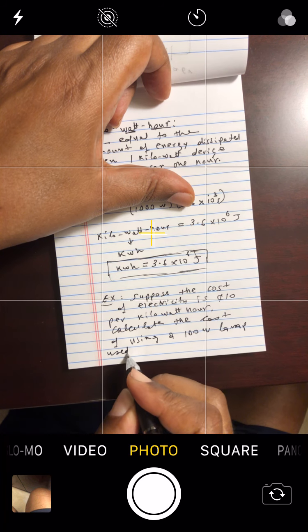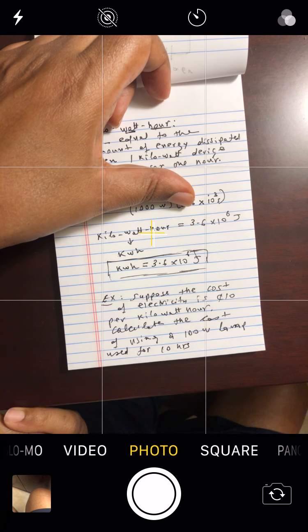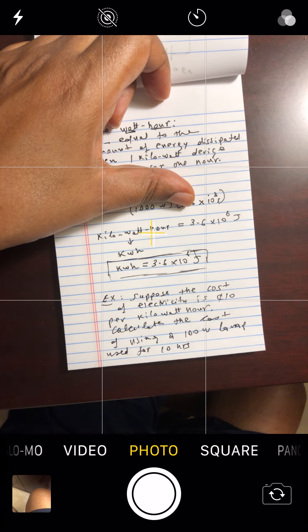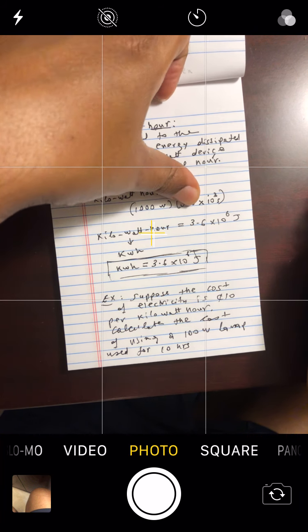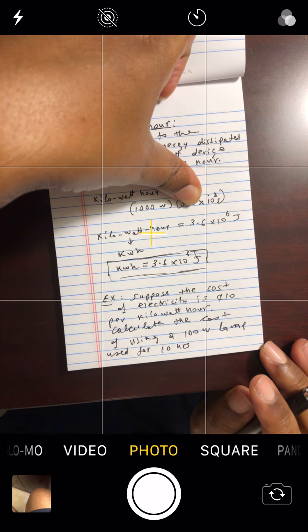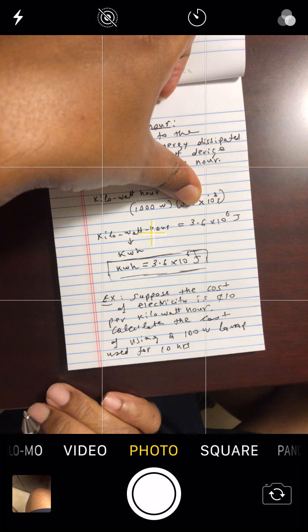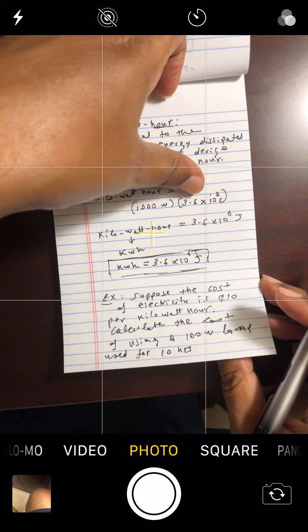Let's say we use it for 10 hours. So we have a lamp that has been used for 10 hours and its power is 100 watts. That is, it dissipates 100 joules per second. If the cost is 10 cents per kilowatt hour, we want to calculate how much it costs us to use this device.